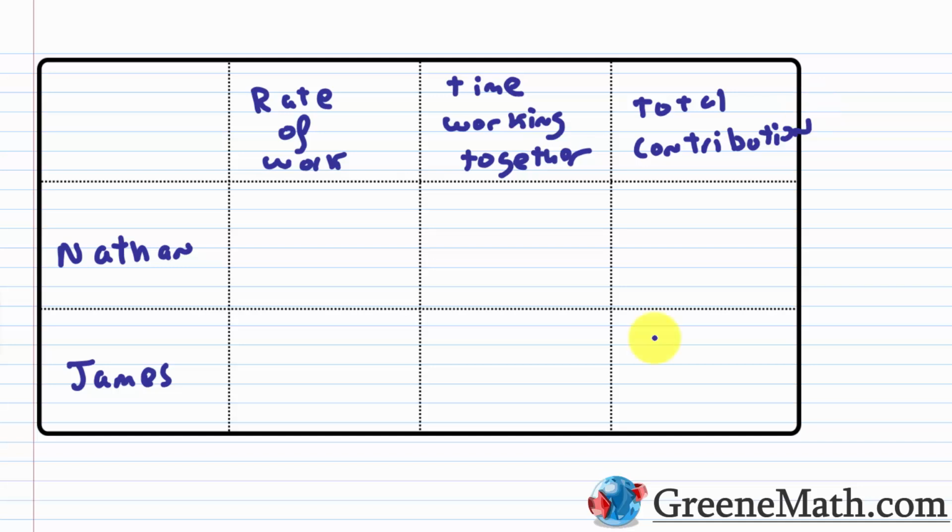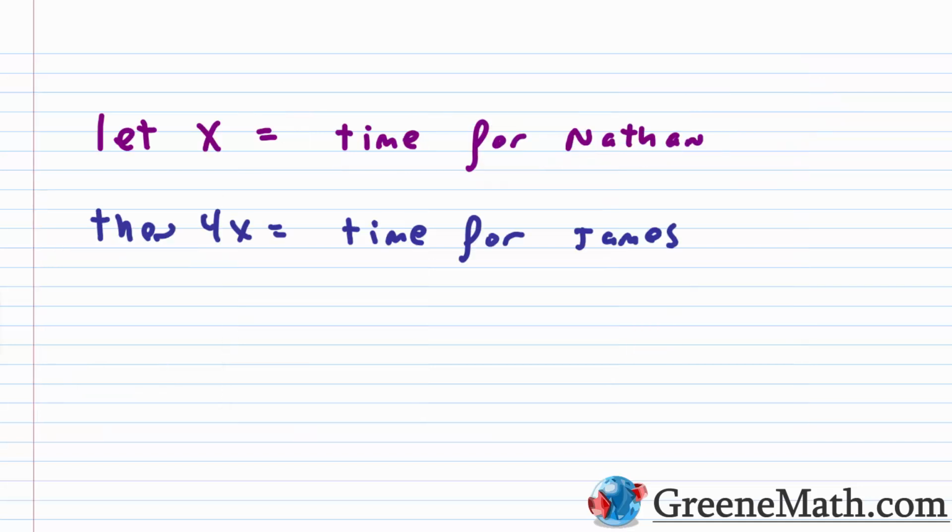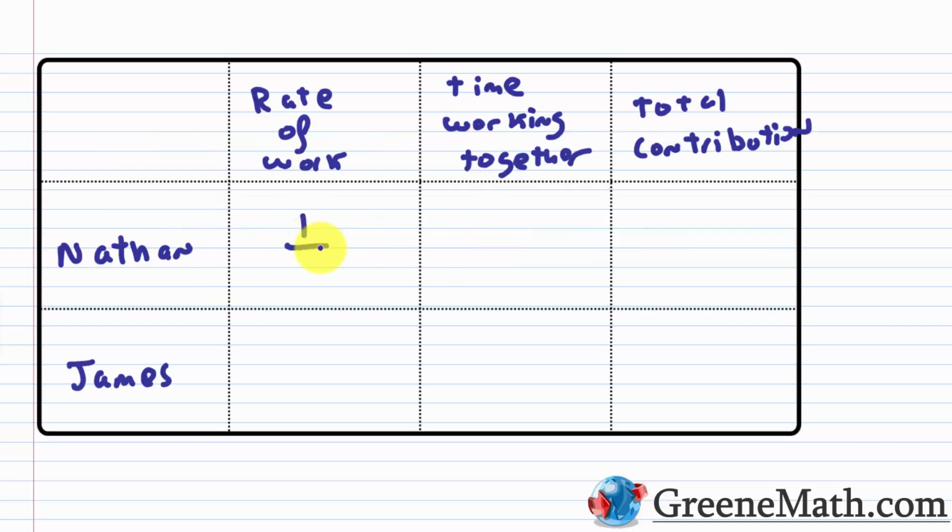For the rate of work, remember, it's 1 over the amount of time it takes that person to complete the job. If it takes me 4 hours to paint a house, the rate of work is 1 over 4. That's how much I'm going to do in 1 unit of time, so in an hour, I'm going to do 1/4 of the job. Here, Nathan can complete 1 over x of the job every minute. For James, it's 1 over 4x every minute.